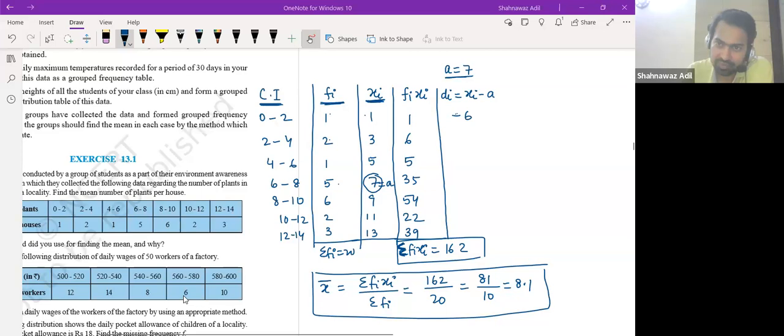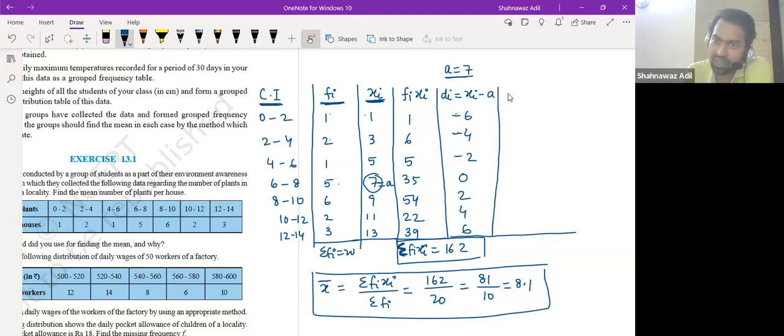Okay. So this is minus 6 and what is this? Minus 4. Minus 4 and then this one minus 2. Minus 2 and this is 0. This is 2, 4, 6. Right. So now we have calculated this one.